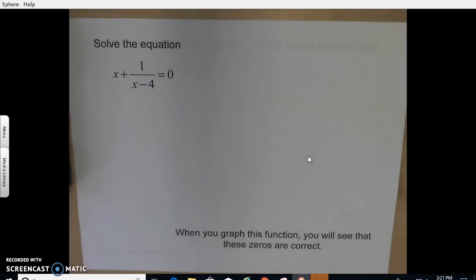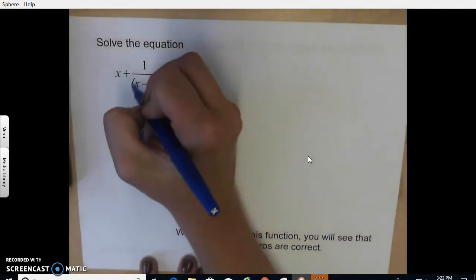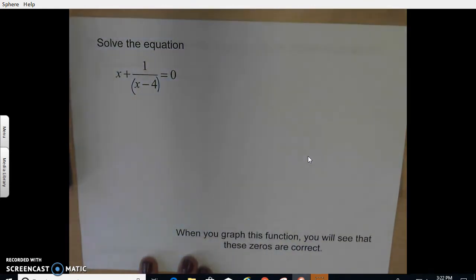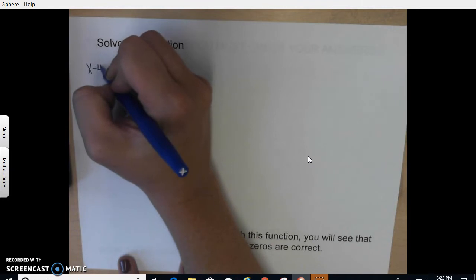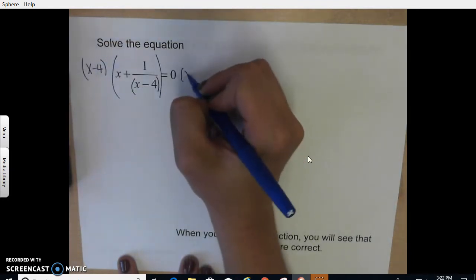Now, this one's a little bit more difficult because our denominator is x minus 4. So what we need to multiply onto our whole equation is x minus 4 instead of just that x. So I'm multiplying by x minus 4 on both sides.